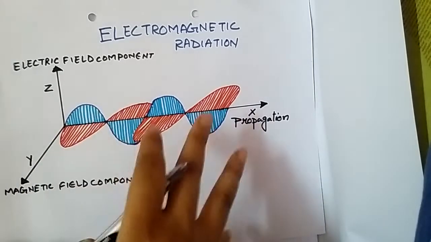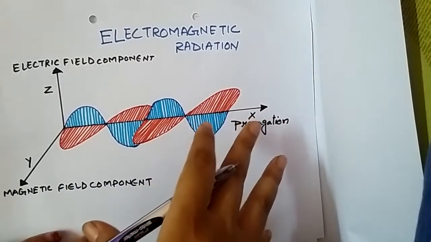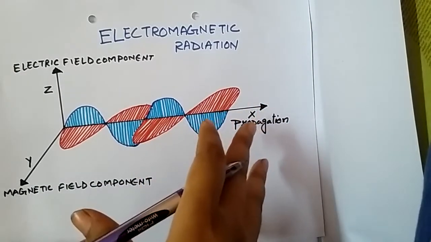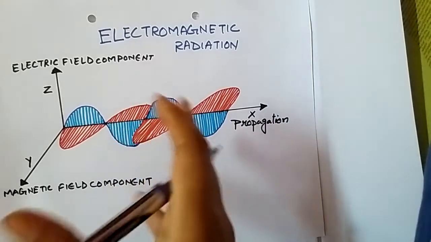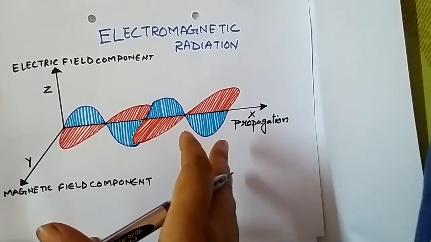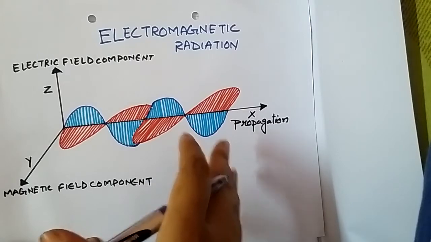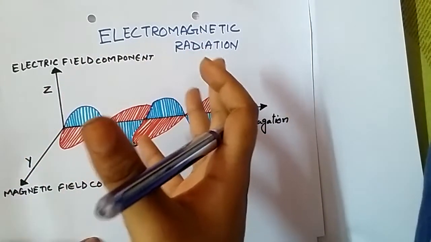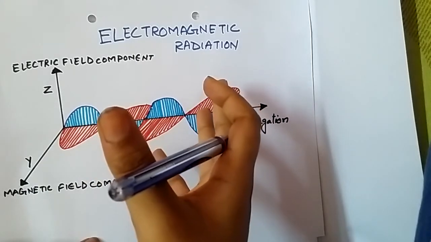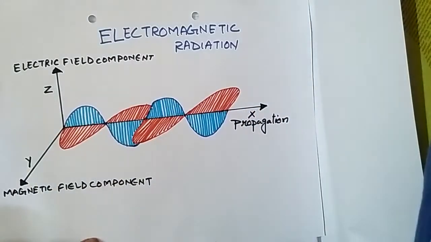So the wave nature of light was established, which was able to explain many phenomena like diffraction and interference. So there are different kinds of electromagnetic radiations which differ in their wavelength and their frequencies.